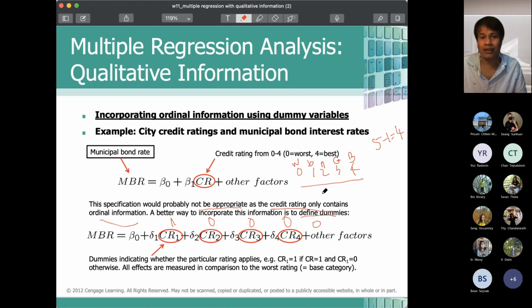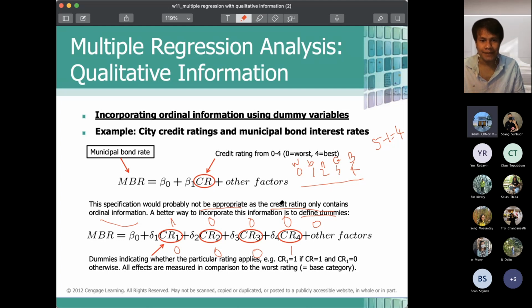If you rate it as best, the base, CR1 equals 0, CR2 equals 0, CR3 equals 0, CR4 equals 1. So every variable that you use in this model is a dummy: 1, 0, 1, 0. And I will teach you how to generate dummy variables based on the categories in Stata, the quick way. Either you do it manually or use the command.